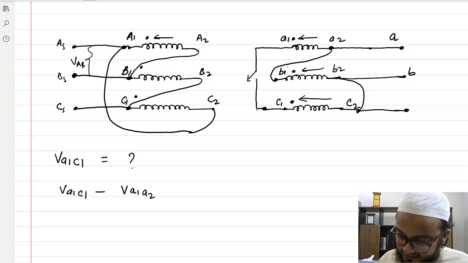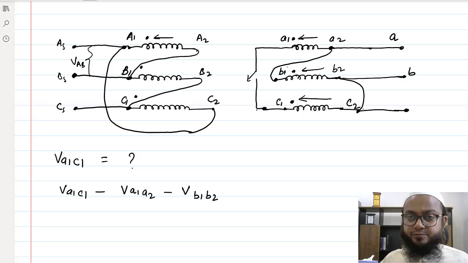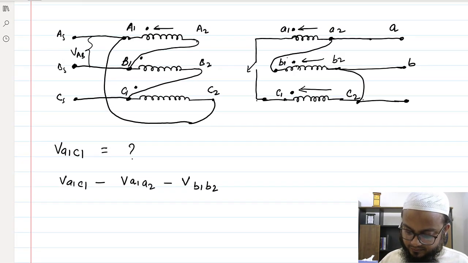Then from here as well, this is a drop of VB1, B2.